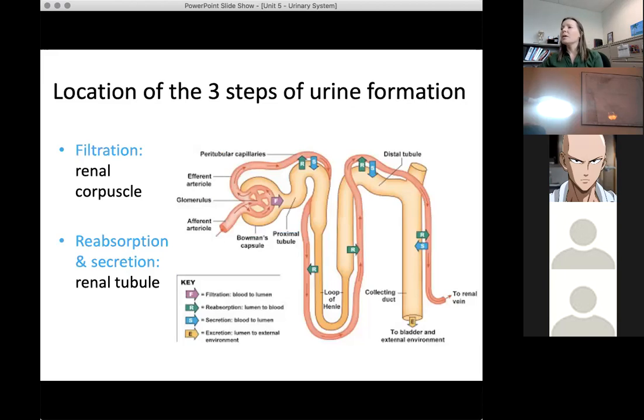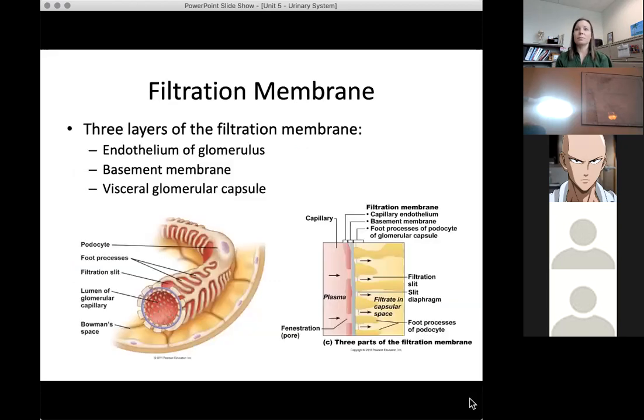Okay, so we're going to talk about filtration in more detail. So filtration is, just first to give you a definition of just in general, what is filtration? It is a passive process. Basically, any process in the body could be passive or active.